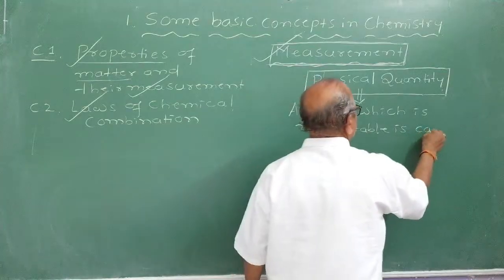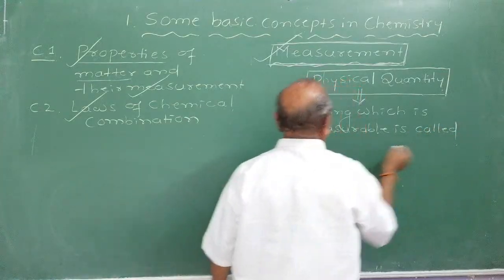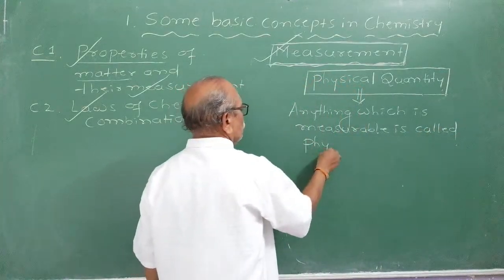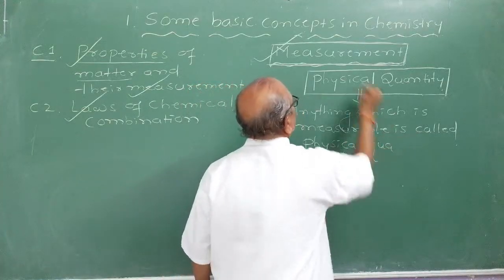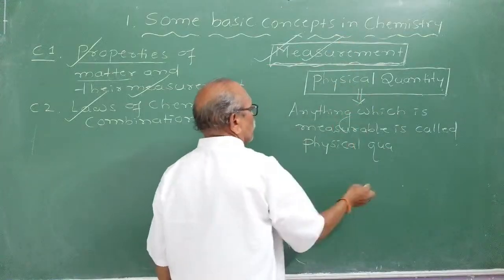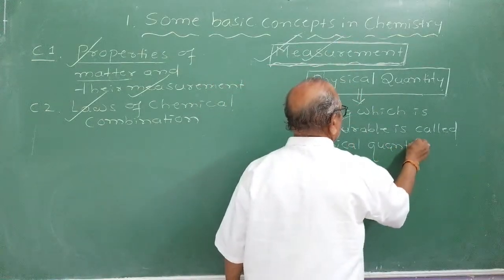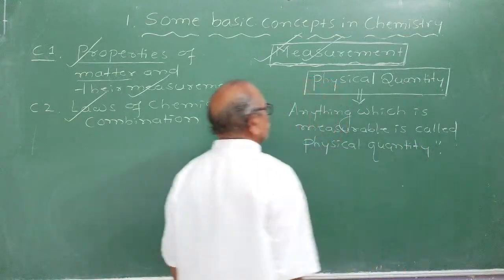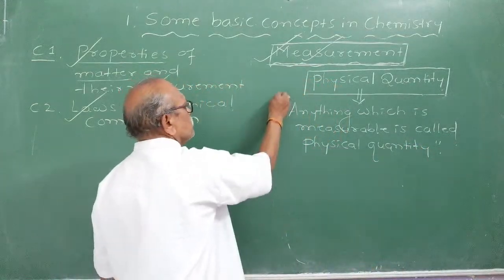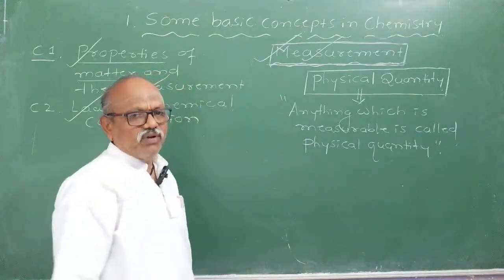Anything which is measurable is called as a physical quantity. Means measurement can be done if it is a physical quantity. What do you mean by physical quantity? Anything which is measurable is called as a physical quantity.